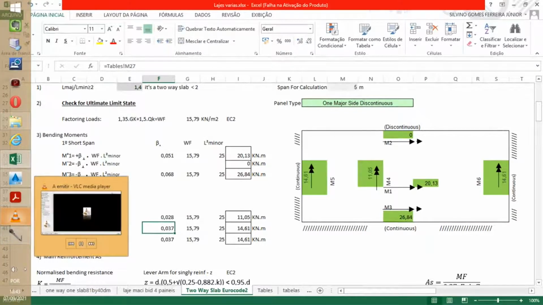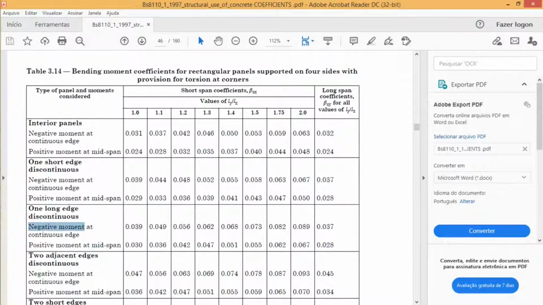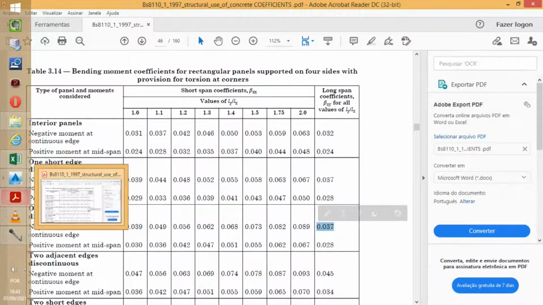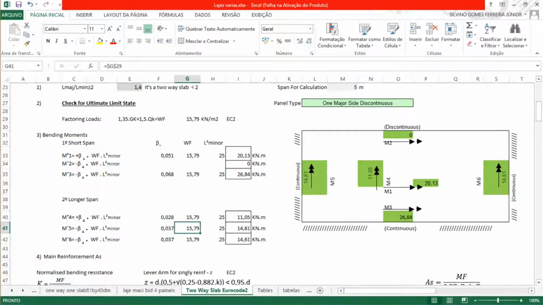On the longer span, we go to the table, negative, longer span, 0.037. 0.037 multiplied by this, multiplied by the short span squared, gives us 14.61.